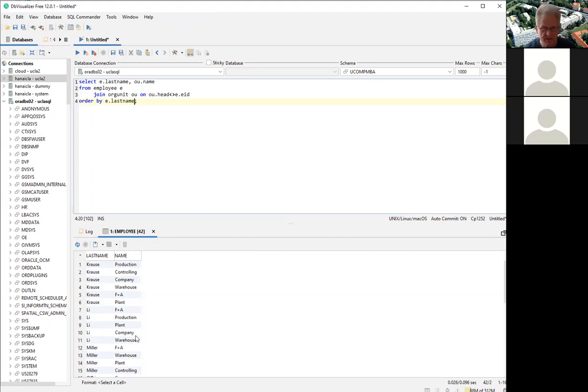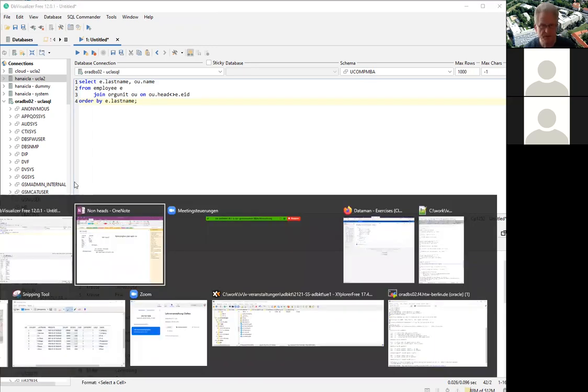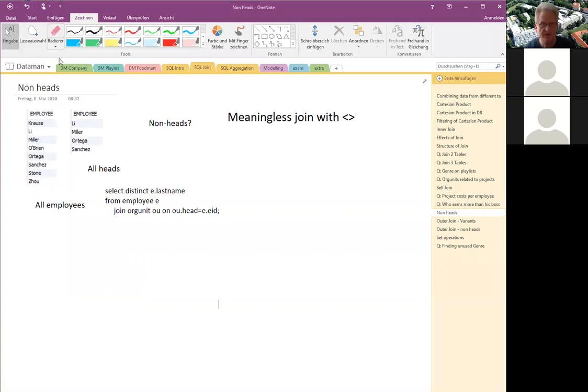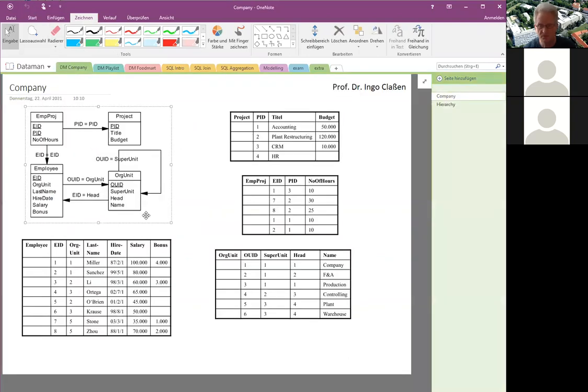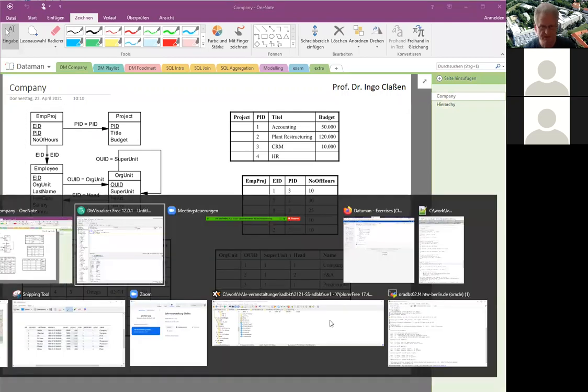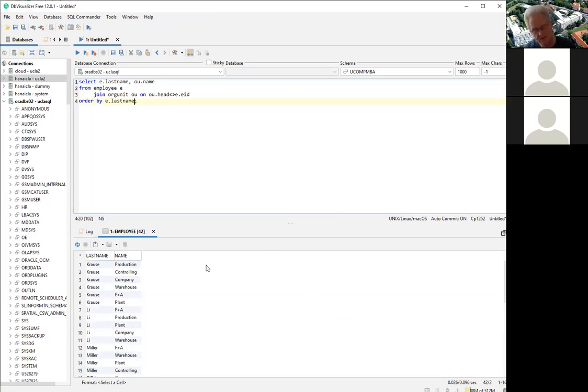So we see Krause here, and if we look at the data, we have 1, 2, 3, 4, 5, 6 org units. So what I have explained before was a little bit wrong. The idea was correct, but the example was wrong. So if for example Krause is not a head.